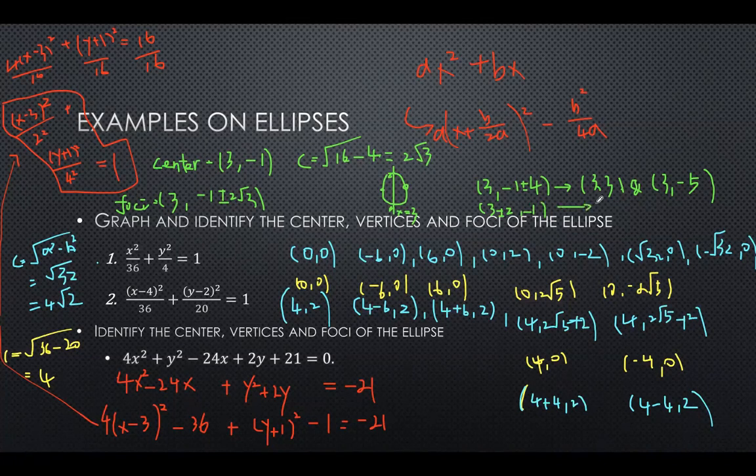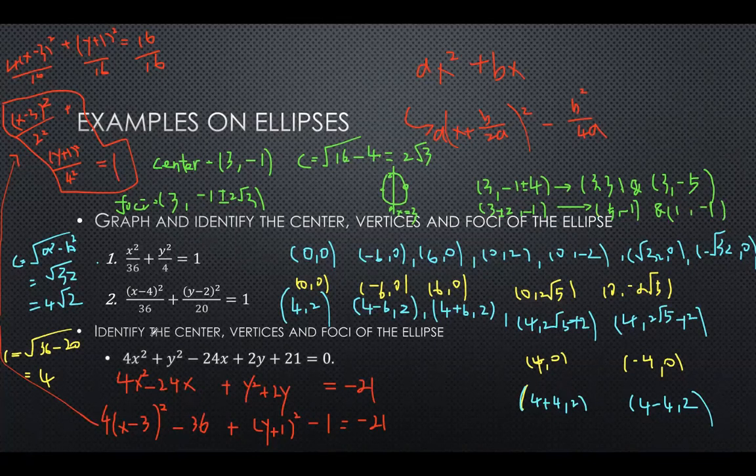This becomes 3 plus 2 is 5, so 5, minus 1. And 3 minus 2 becomes 1, so 1, minus 1. So far, so good?